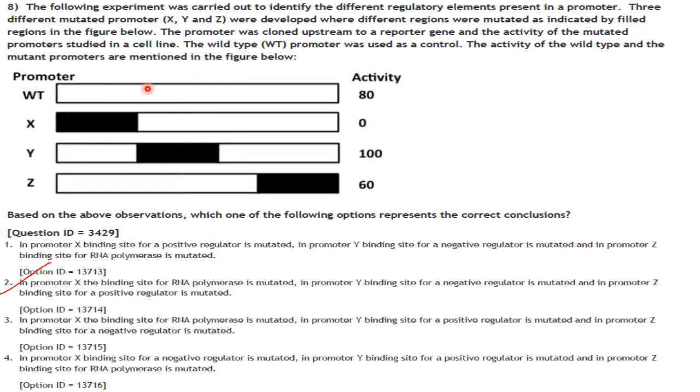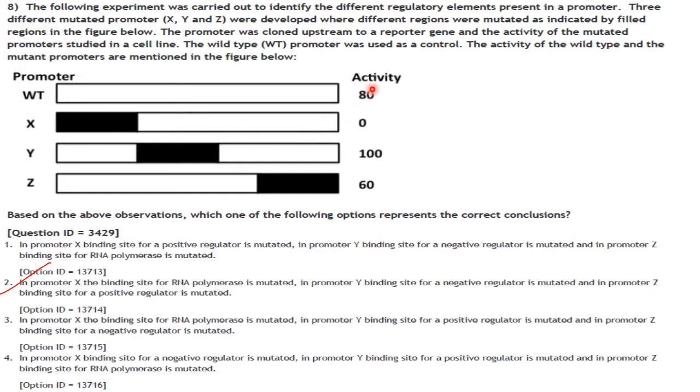So in X, that is over here, the normal polymerase binding site is mutated. So transcription and translation of the reporter gene doesn't happen, so it shows 0 activity.